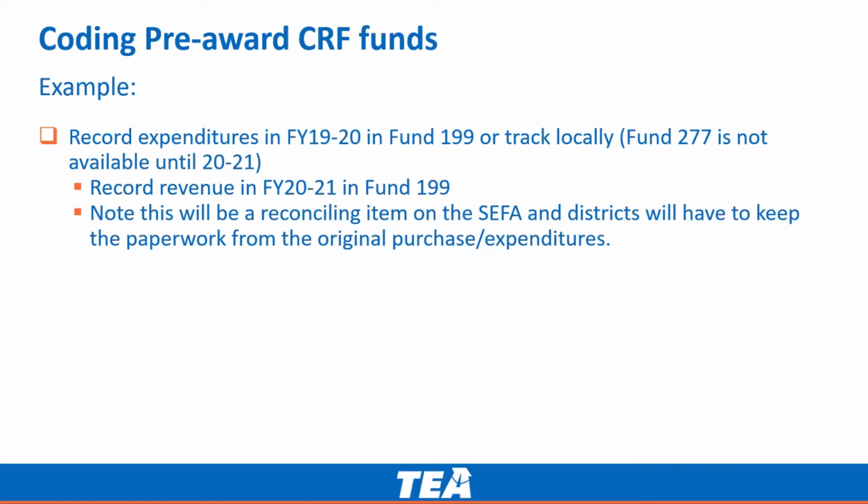So now you're starting to get the revenue or the reimbursement for those, or you would have already gotten it. You'll record that in Fund 199. So you had your expenditures in 1920 recorded in Fund 199, and now you'll record that revenue in Fund 199. And then this will be a reconciling item on your CFA for the 2021 school year.